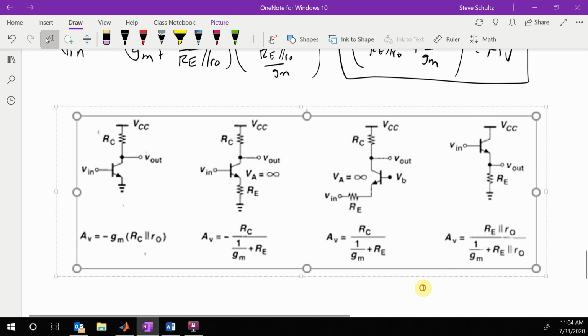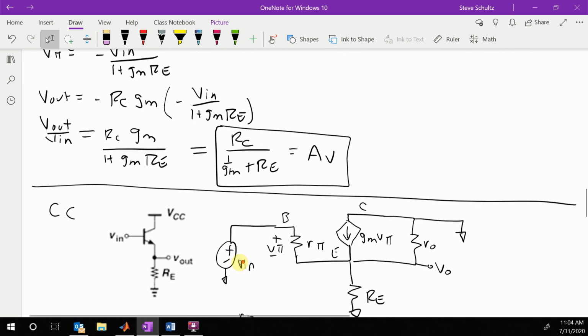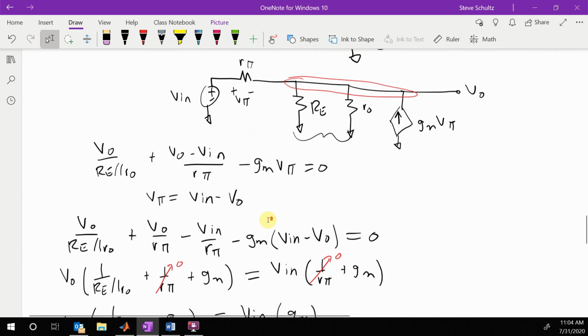And every time that we see this configuration right here, I can use this equation. So once I can put them in these configurations, I can just use these gain equations rather than going through all of these derivations.